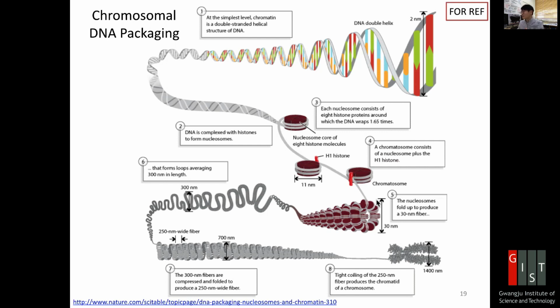With this, it forms a chromatosome and nucleosome structure of about 30 nanometers. And that forms loops averaging about 300 nanometers. And with this, the 300 nanometer fibers fold, and this coiling results in the final chromosomal structure, which is visible with our microscope.